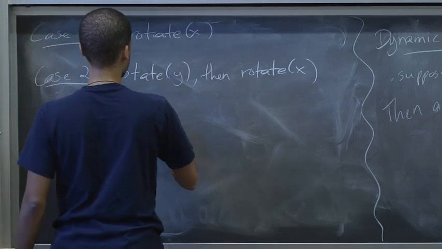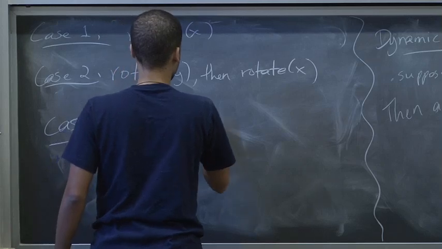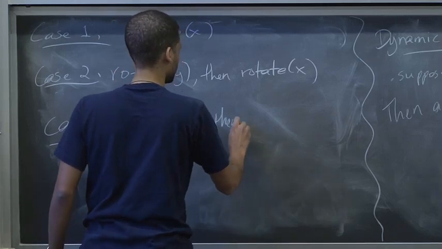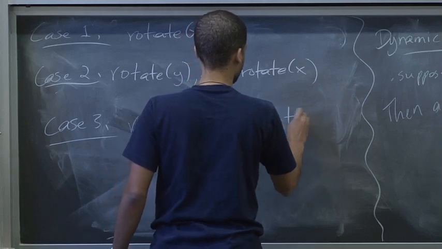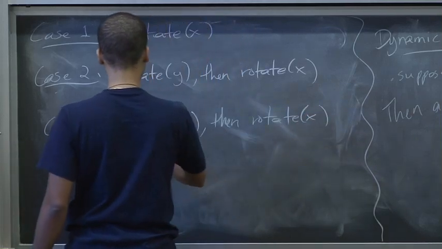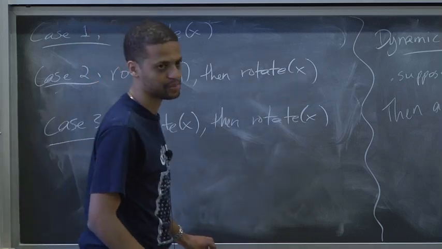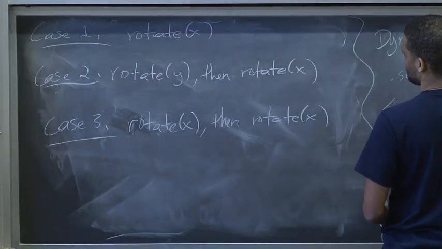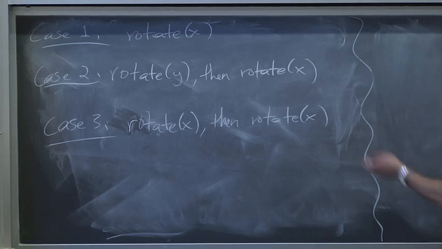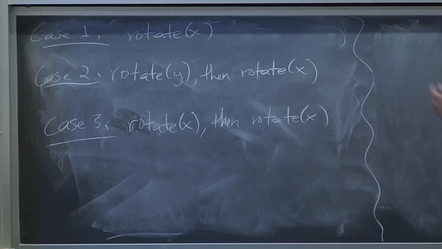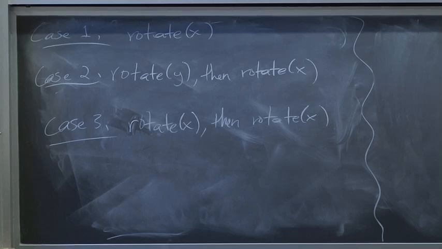We'll do rotate x, then rotate x. So that's splay. We'll keep looking at x. We're in one of the three cases. We'll do the corresponding thing, and then we'll iterate this until x is finally the root.